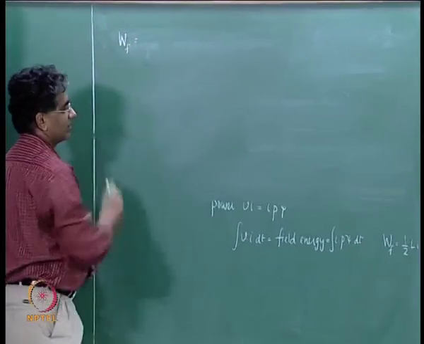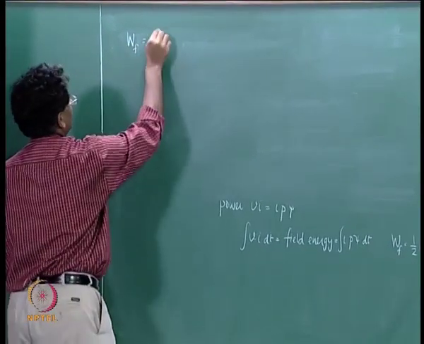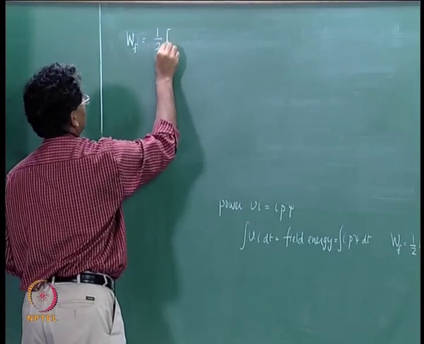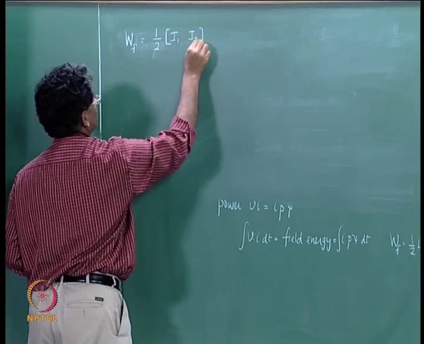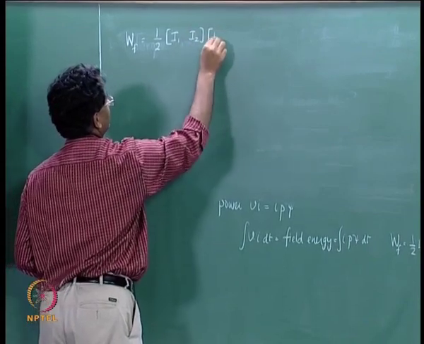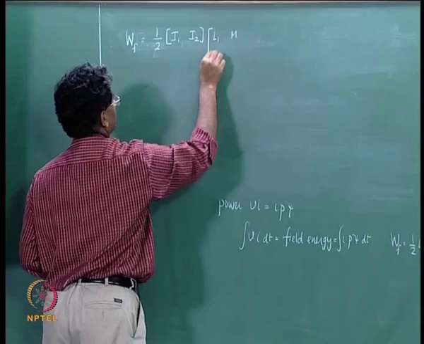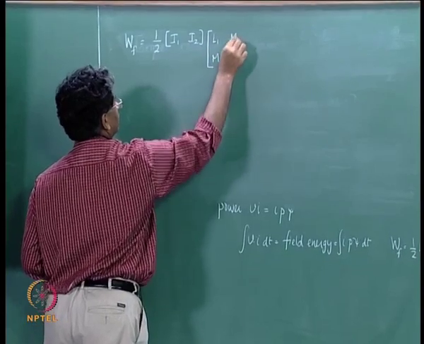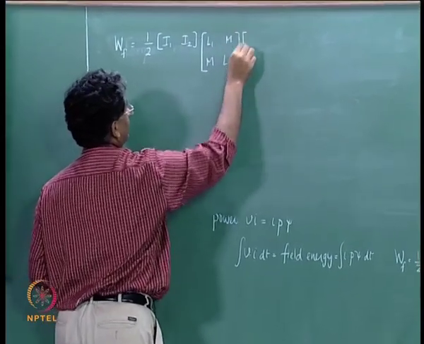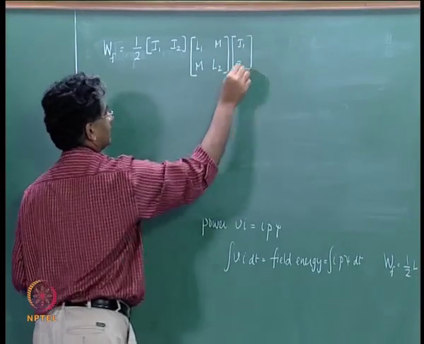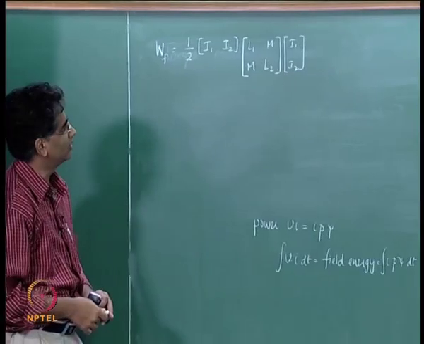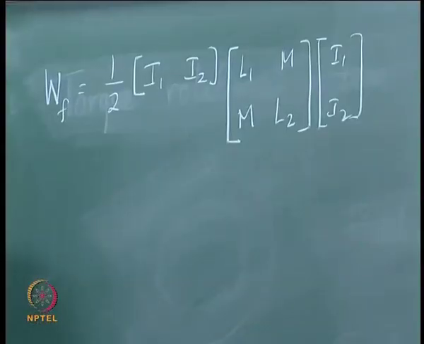Wf in this case can be written as half of a row vector containing I1 I2, a square matrix containing L1 M M L2, and a column vector containing I1 I2. Let us evaluate this and see what is the expression.